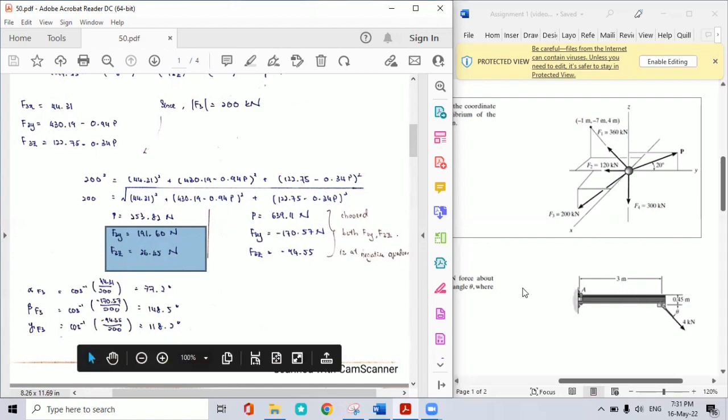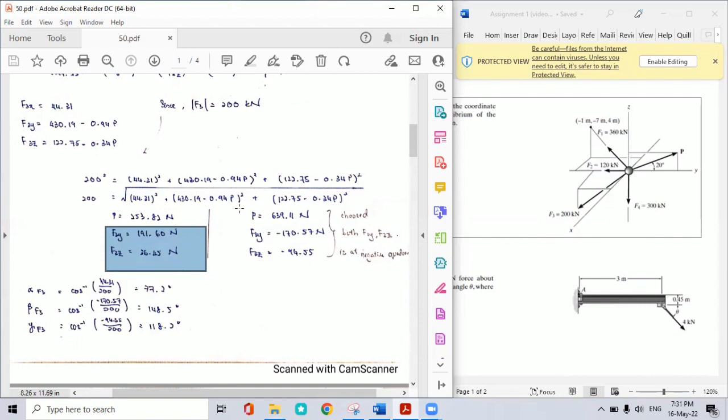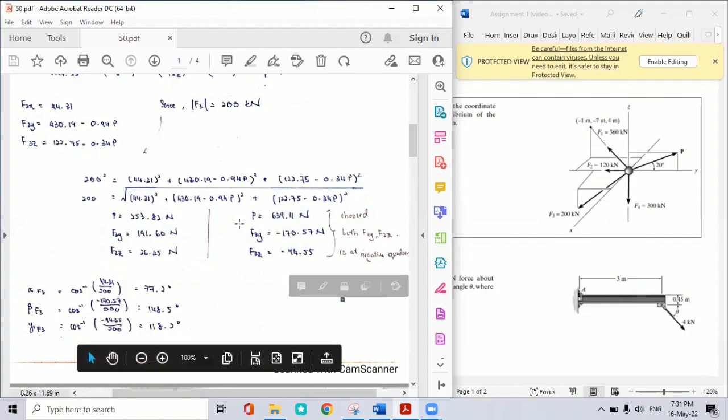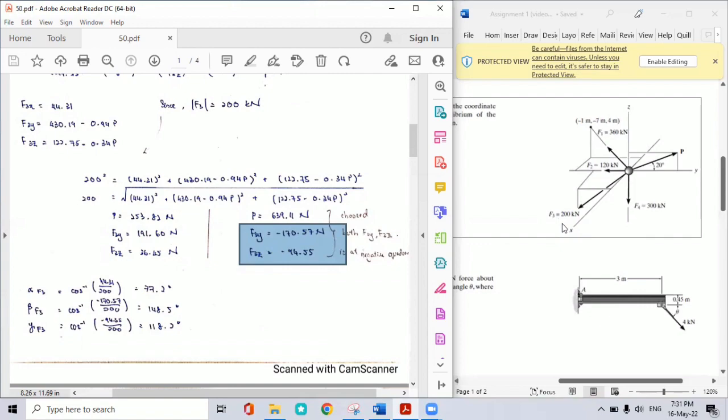But the truth is the F3 is located at the negative region. Therefore, we can use the second P to get the negative values. And this fulfills the requirement of the third force being inside the negative region.